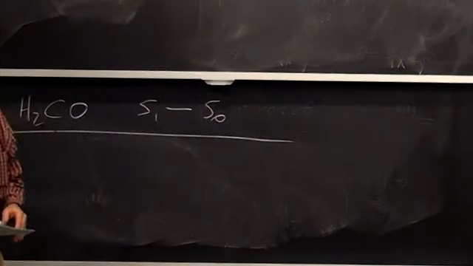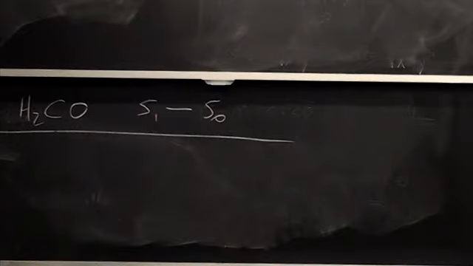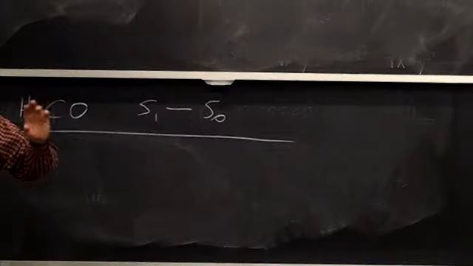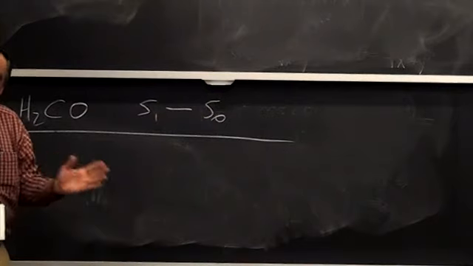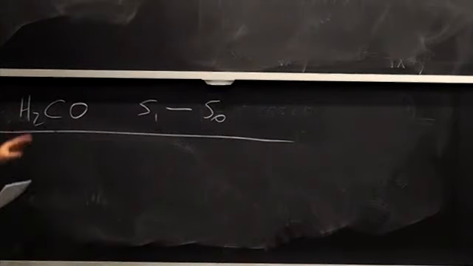And so resolution of a few hundredths of a wave number was possible. Acetylene being close to 200 nanometers made it a little bit dicey, whereas formaldehyde being around 350 nanometers made it a lot easier. But anyway, this is a historic molecule.